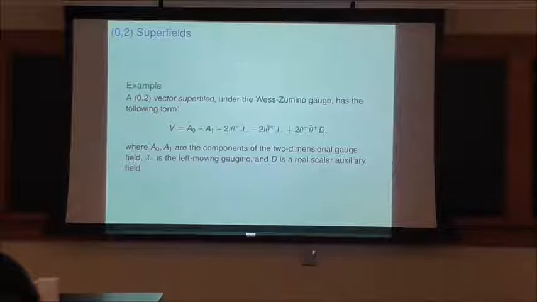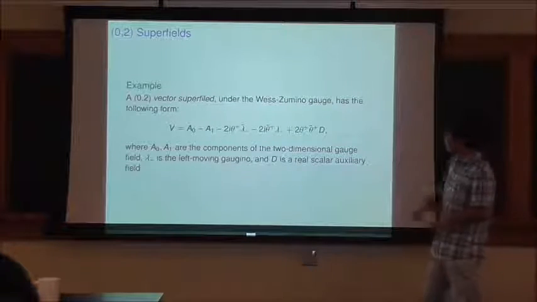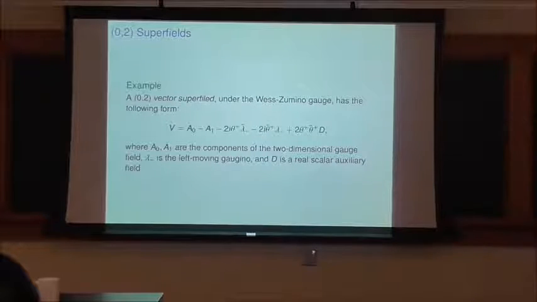In some cases which are deformations of (2,2), you do have right-moving gauginos, but generically you don't. So a (0,2) vector superfield only has left-moving gauginos inside it, and here big D is an auxiliary field, which by integrating out will give you the D-term equation you can solve to get geometry along the way.